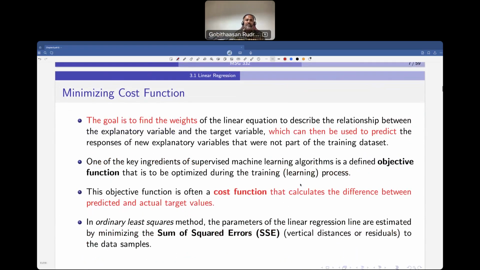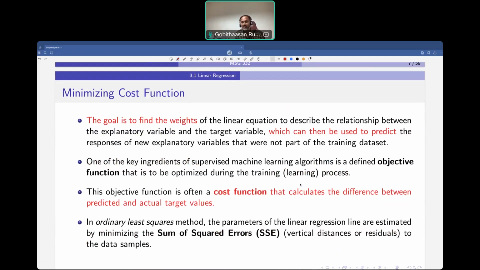So the goal is to find the weights of the linear equation to describe the relationship between the explanatory variable and the target variable, which can then be used to predict the responses of new explanatory variables that were not part of the training data set.